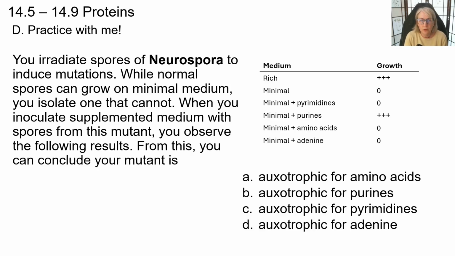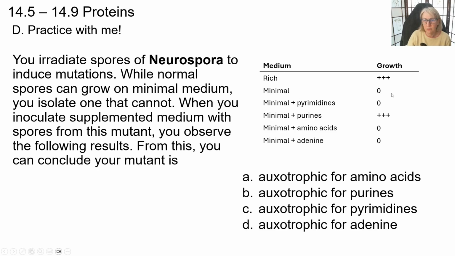Although you know that minimal medium will grow normal spores, you find one that doesn't grow on minimal medium. When you inoculate, which means you take it and add it to a new medium to cause a new colony to grow, you observe these results on this side. From this, what can you conclude about your mutant?